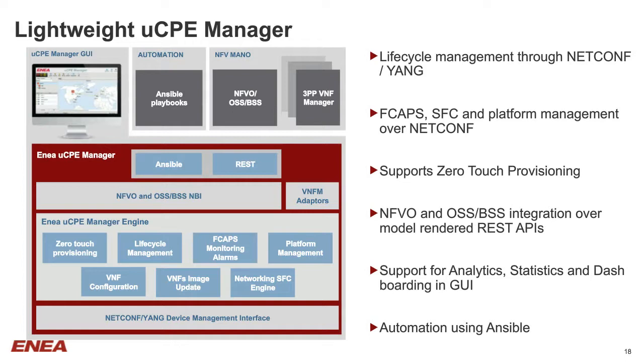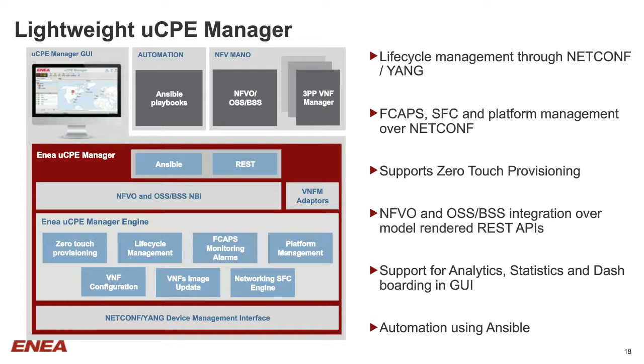If we start from the bottom and look at the southbound interfaces, this is NETCONF and YANG, and this is how we manage the platform. This is how we manage the DNS. This is how we set up the networking. A step up in the core of the engine, we support FCAPS and service function chaining, also done over NETCONF. Zero-touch provisioning is a given feature.